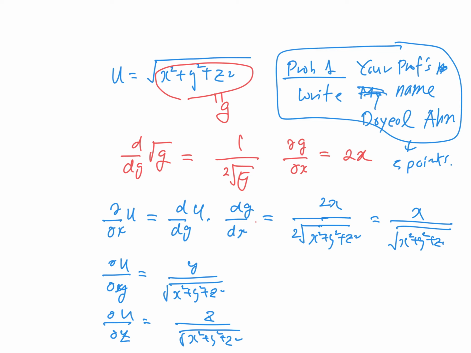You have to write your name on the top and write my name, which I wrote down. It's 5 points.